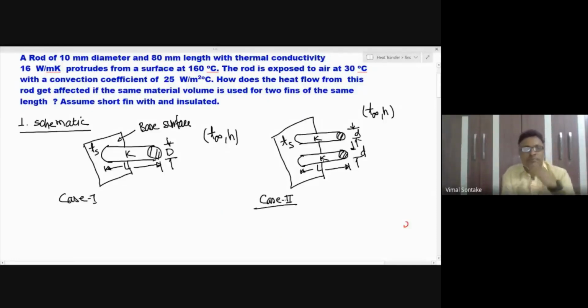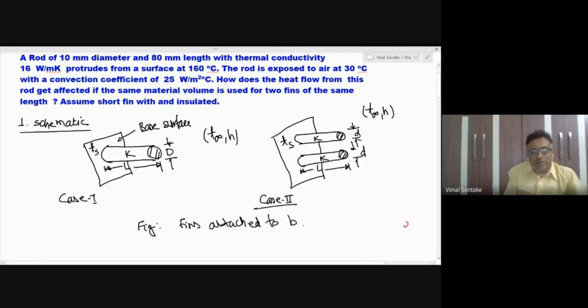So instead of larger diameter fin, in second case, I have divided into two small fins, each having diameter small d and length L. So figure will be fins attached to base surface.